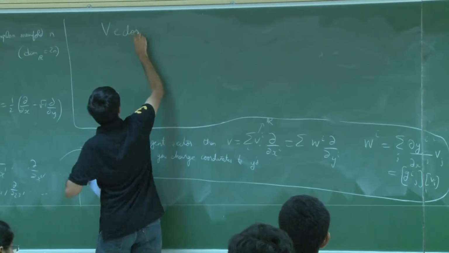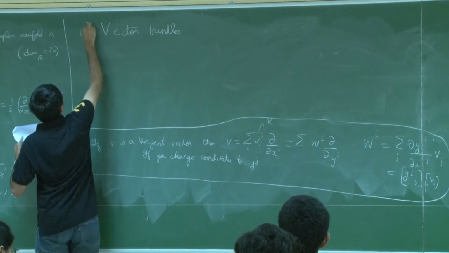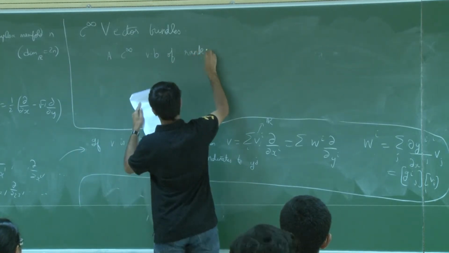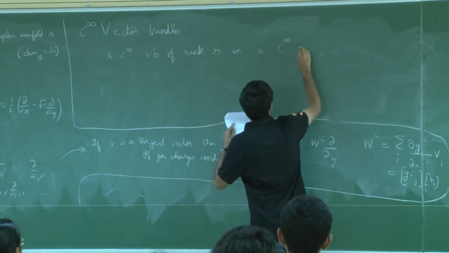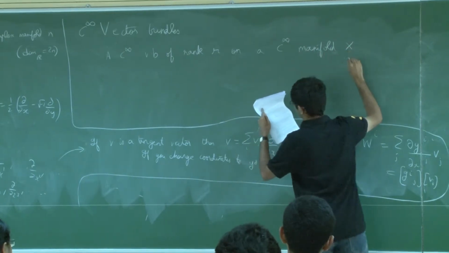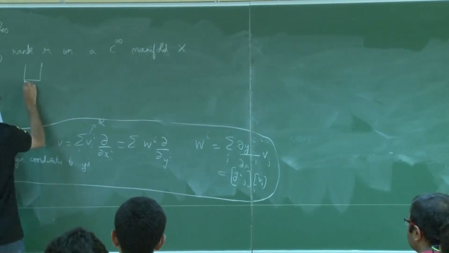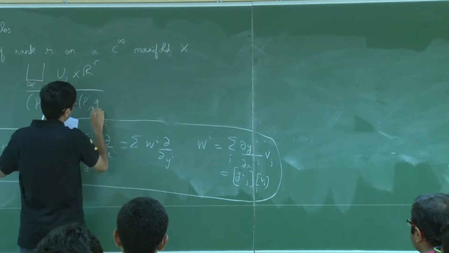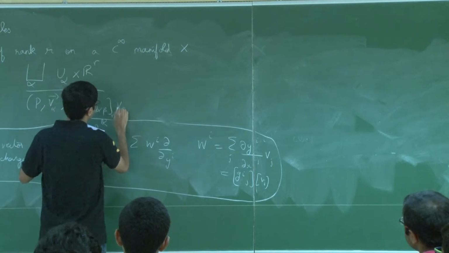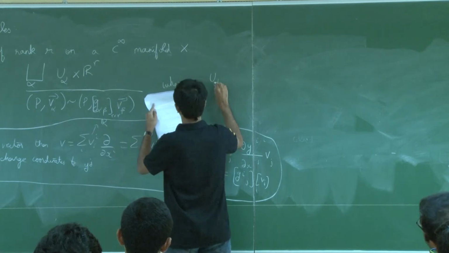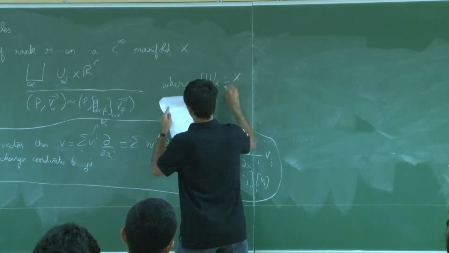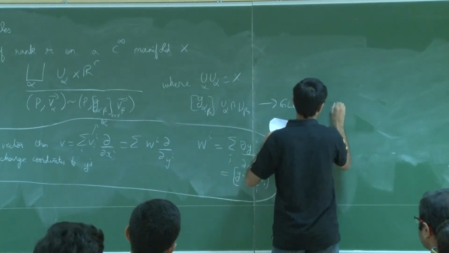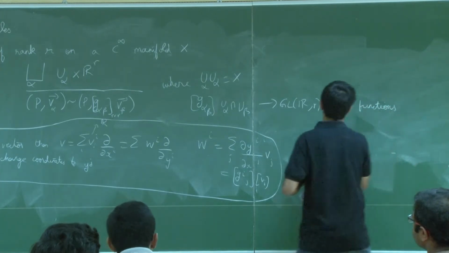So, vector bundles. A smooth vector bundle of rank R on a smooth manifold, let's call this X to distinguish it from the complex setting, is defined as follows: the disjoint union of U_alpha cross R^R, glued by G_alpha_beta, which is a matrix this time, R cross R, acting on the vector, where the U_alpha are open sets and the G_alpha_beta, these matrices, are invertible matrix valued smooth functions satisfying the cocycle conditions.